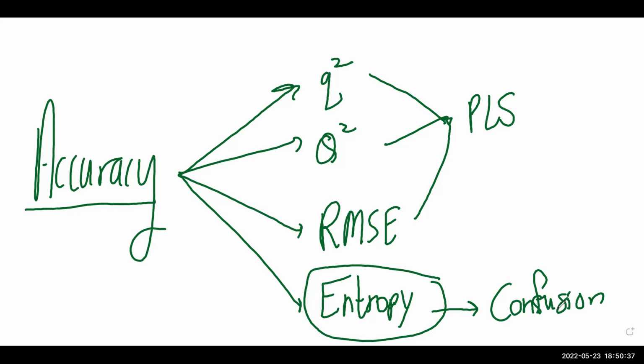Okay, so the power of SmartPLS is that it gives you these values so that you can examine the predictive power. I hope you now have an idea of why we prefer predictive power for PLS.